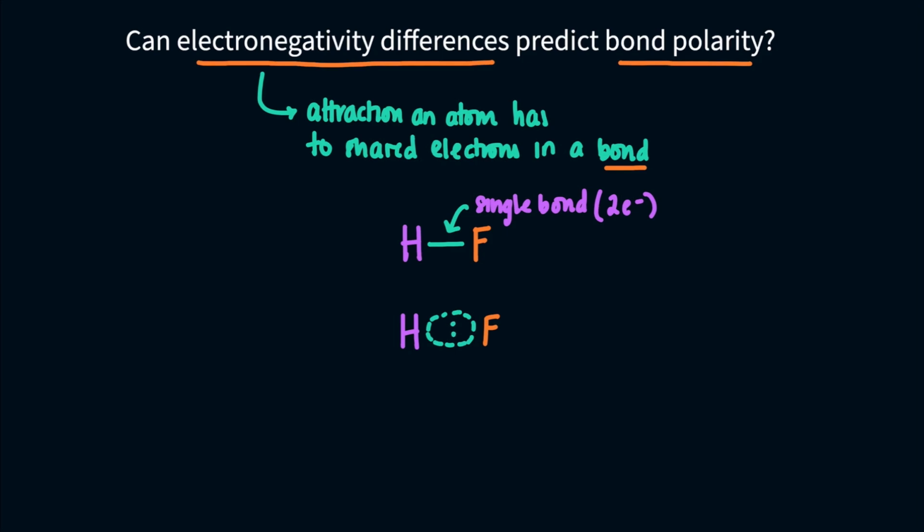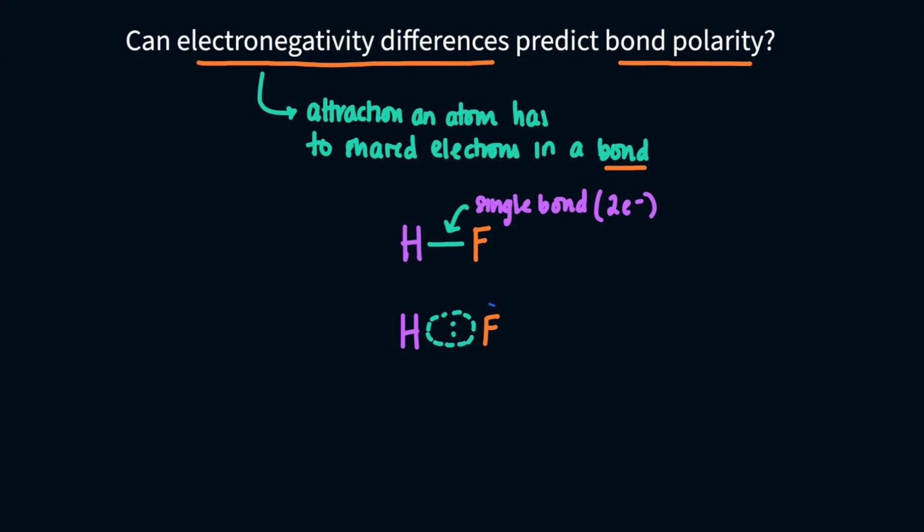And maybe one of the atoms, maybe hydrogen or maybe fluorine, has an attraction to the shared electrons in that bond, meaning that maybe the electrons are split evenly right down the middle, 50-50. That means that no one atom in this case is more greedy than the other.